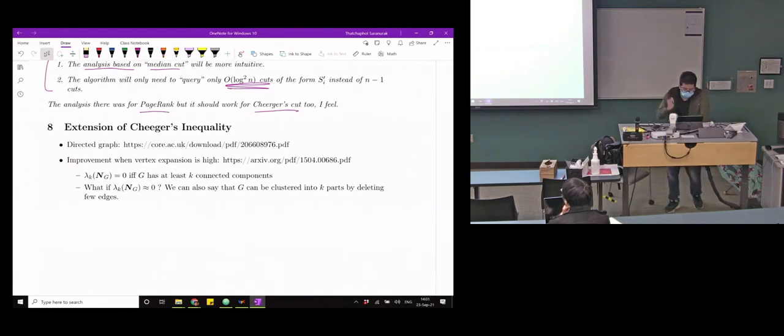And by the way, there are several extensions of the Cheeger inequality.